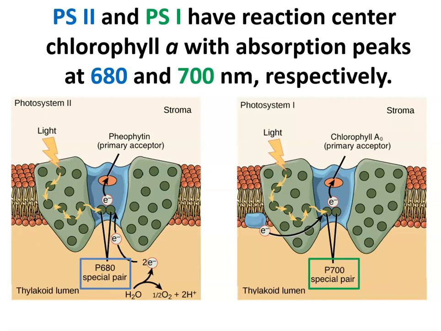In order for the electrons to continue flowing and ultimately produce those energy molecules, ATP and NADPH, we need to have both of these photosystems operating together.